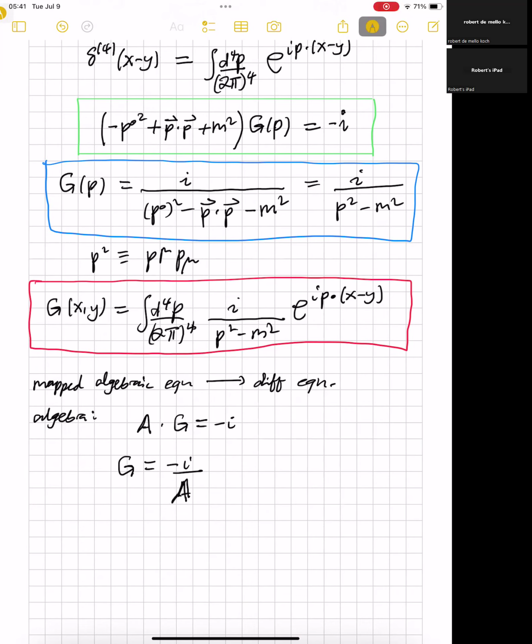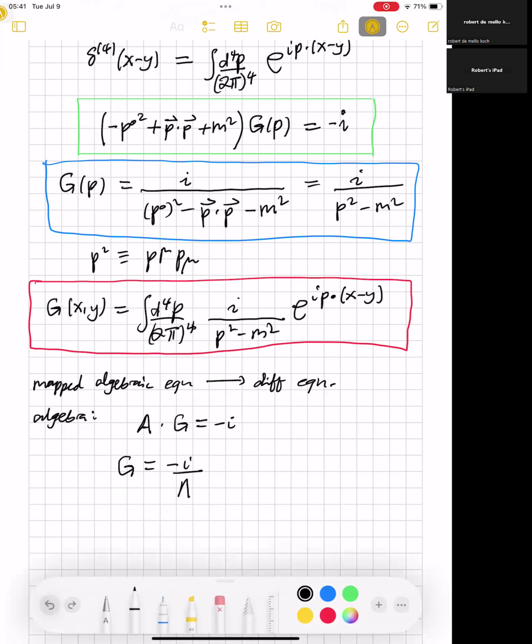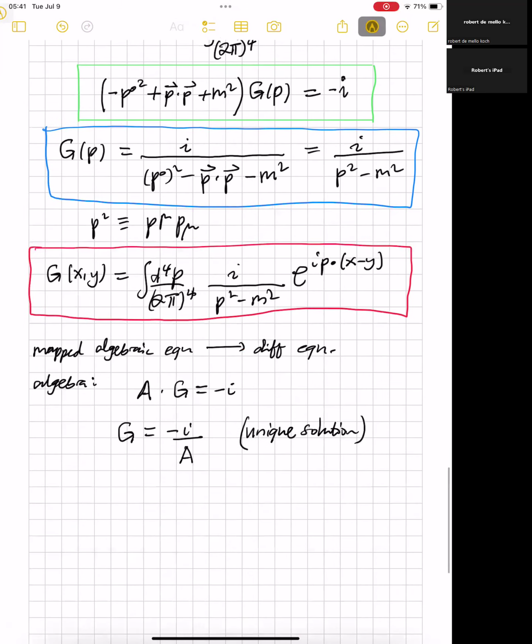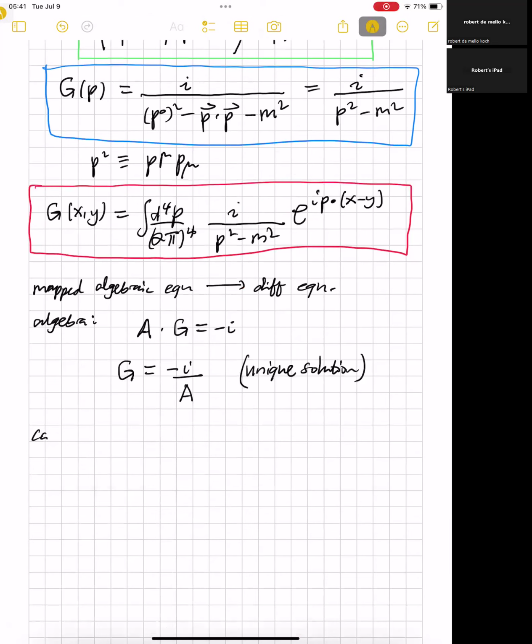And I want to stress something now. I want to stress that this equation had a unique solution. Okay? So let's record that. Unique solution. On the calculus side, we were solving a differential equation. Well, when you want to solve a differential equation, that means you have to integrate.